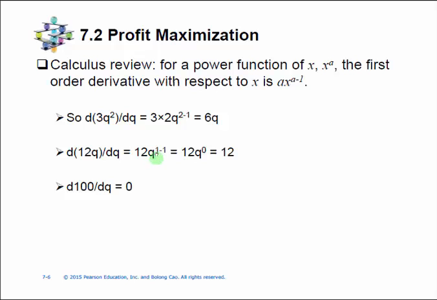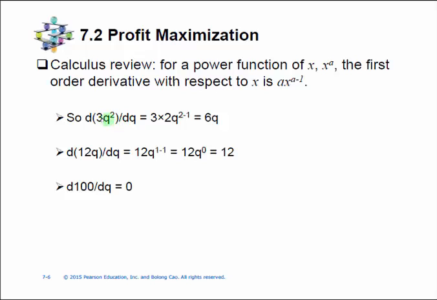And the q is now to the 1 minus 1 power. So the power drops by 1: q to the first power drops to the 0th power. Anything to the 0th power is 1. So it's 12 times 1, which is 12. So when you see a constant times q and you want to know the first order derivative, you just take out the q and you get the constant. Easy enough.